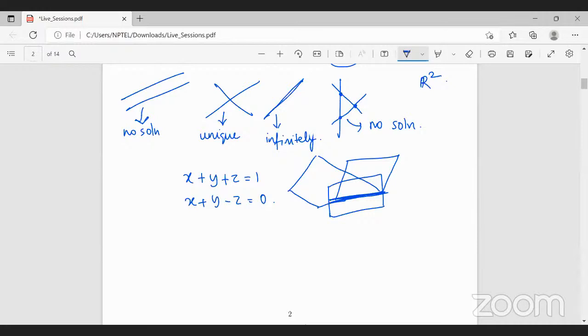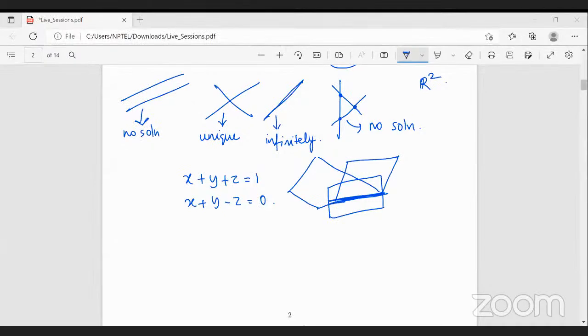I don't understand how three planes intersect at one point. Okay, let's open GeoGebra.